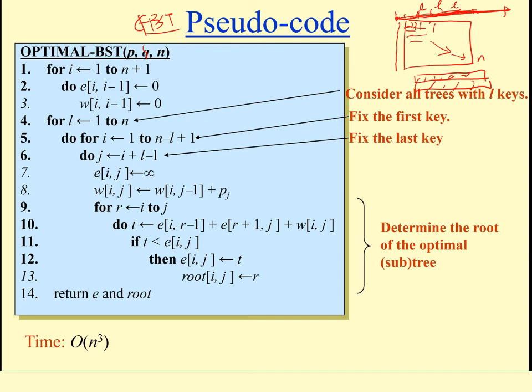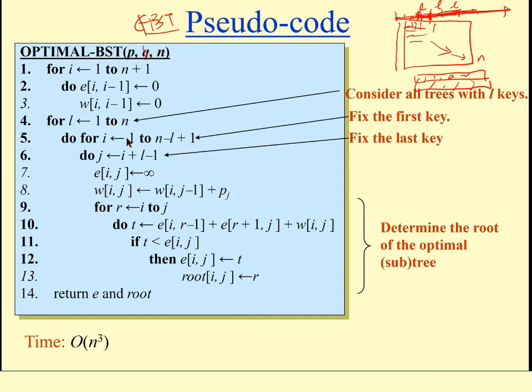So a tree covering only L keys must cover them in a continuous way. So you only need to decide the starting position. Once you know the starting position, you will find the ending position because the length has been fixed.